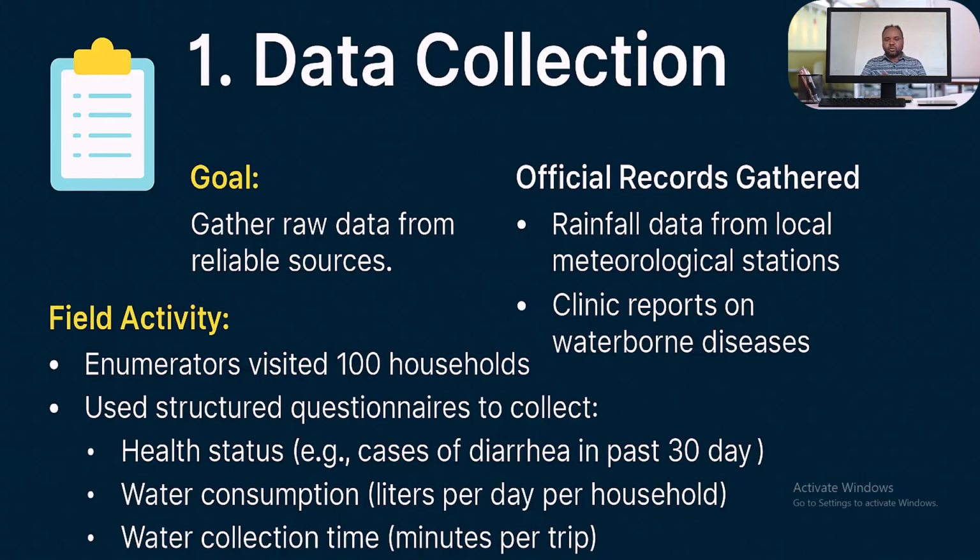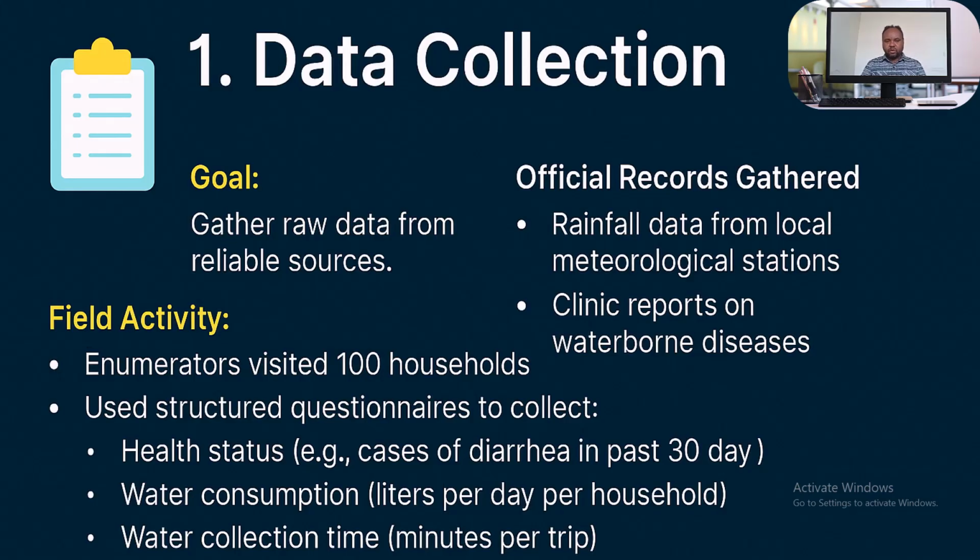Even though it is collected by someone else, we can bring it to our benefit by making some sort of arrangements, right? In this context, in investigating the impact of the new water scheme in the Afar region, both data sources were collected. For example, we collected primary data from those 100 households by distributing enumerators across the 5 districts.